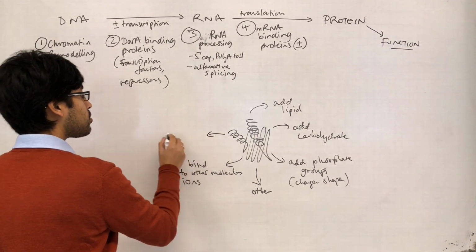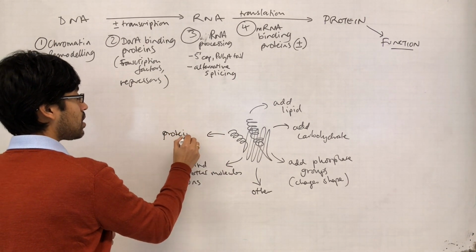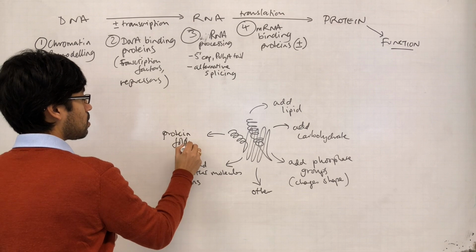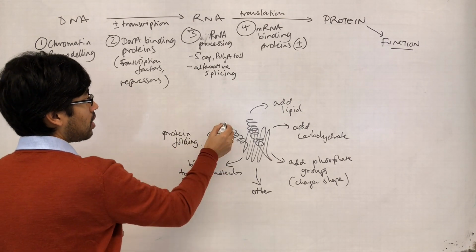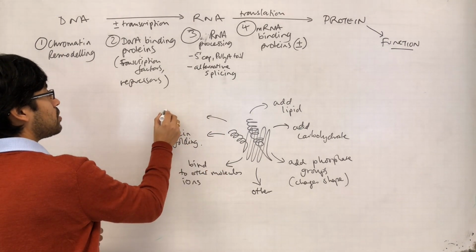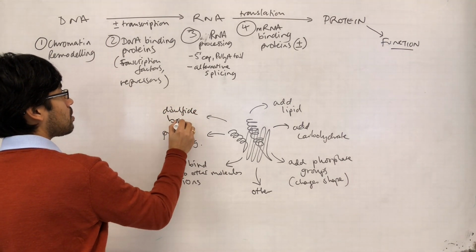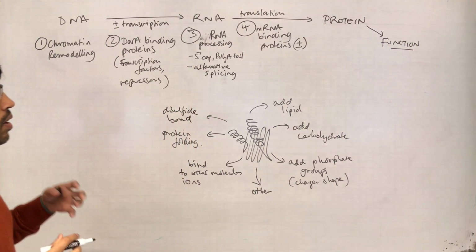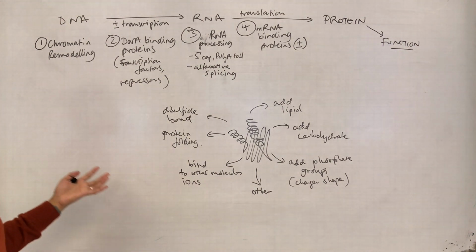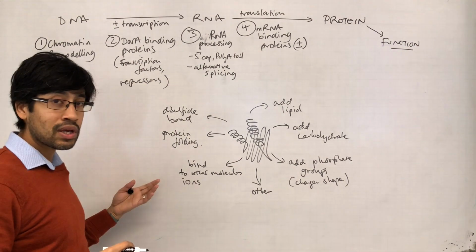I think there were some other things. Other things also, protein folding can be affected. I think things like disulfide bond formation could be very important. Okay, so all these processes are done in a regulated way. They're not just randomly happening.